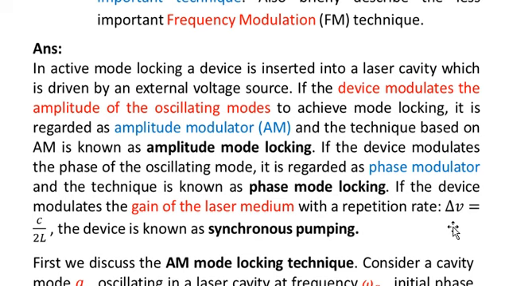We have the central mode, then we have the side modes on either side. For example, if the central mode is q, then on the right we have the q plus 1 mode, on the left we have the q minus 1 mode, and similarly the next modes are q plus 2 on the right, and on the left hand side we have q minus 2. So these are the longitudinal modes.